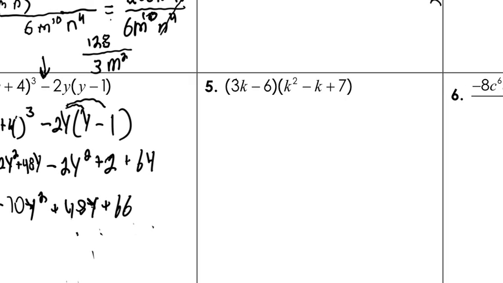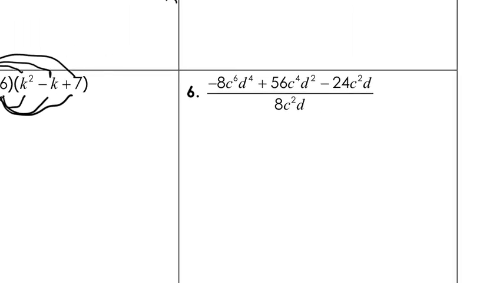This one, you got to multiply the 3k times those 3 and the negative 6 times those 3 and put like terms together. This fraction, well, you got to see if there are, for example, it would be great if there are definitely some 8s in everything on top, and I see that there's 1 8 here, and there's 7 8s there, and there's 3 8s right there.